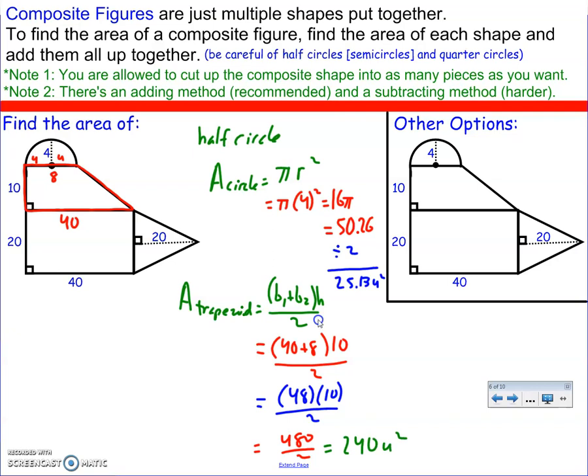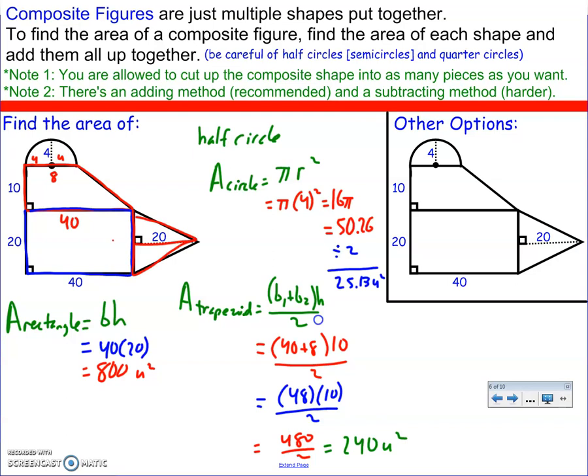Next, let's try to find this rectangle. Area of the rectangle equals base times height. That's easy. You fill it in. So its base is 40, height's 20. Multiply together, you get 800 units squared. And last, we have this triangle over here. We have the height, which is 20.